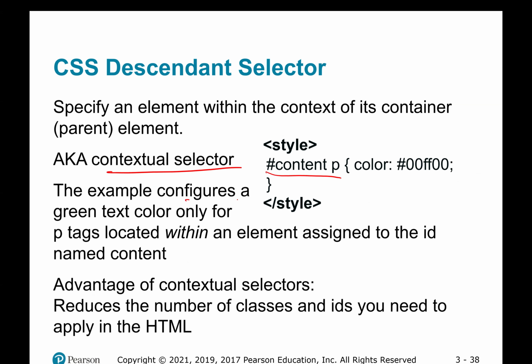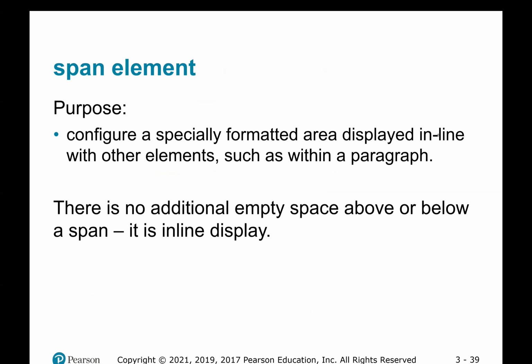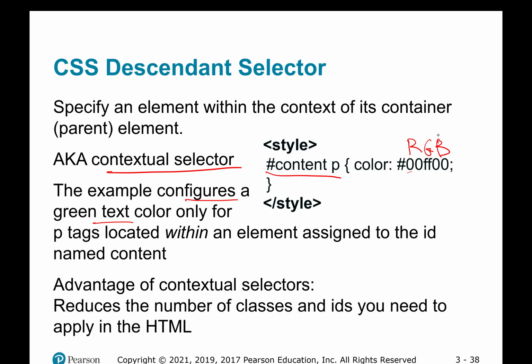This one configures a green text, this is RGB, only for p tags located within an element assigned to the ID named content. So the advantage of the contextual selector or the descendant selector is that it reduces the number of classes and IDs you need to apply in the HTML.